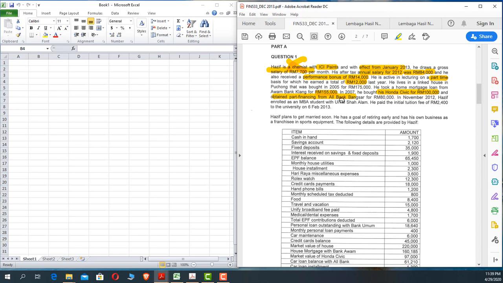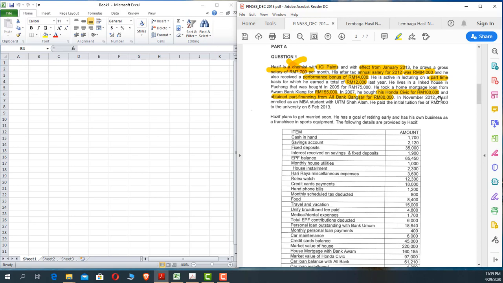So that's mean dia ada rumah dekat Puchong, and then dia ada buat home mortgage loan with Awam Bank Berhad, and then pada tahun 2007 dia juga ada beli Honda Civic yang berharga 100,000 and dapatkan loan daripada All Bank Bangsa 80,000.